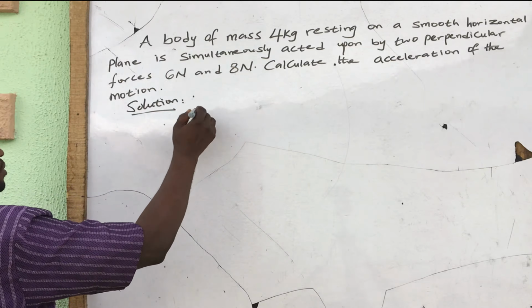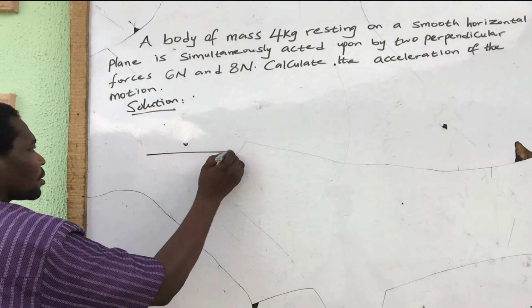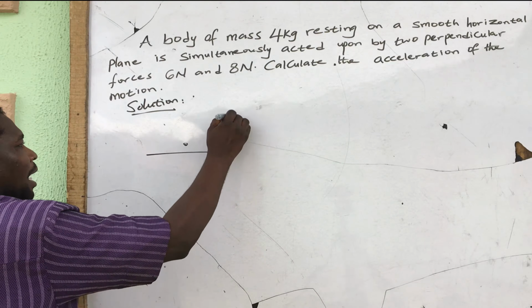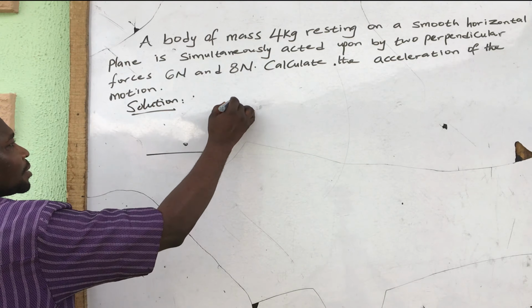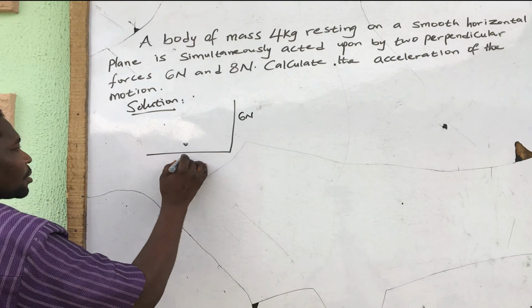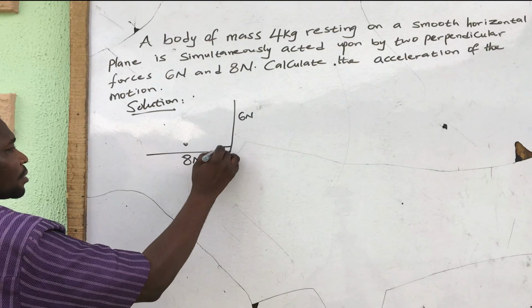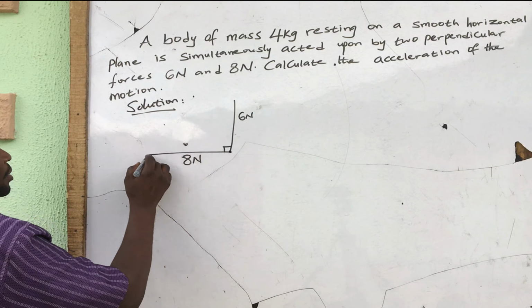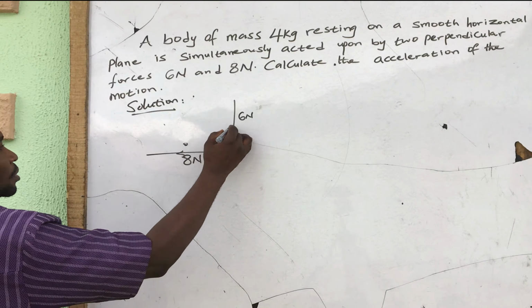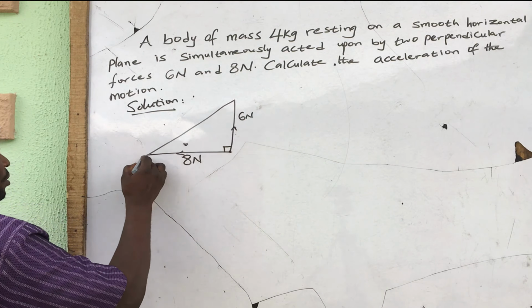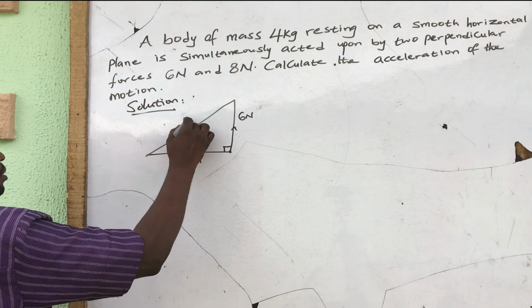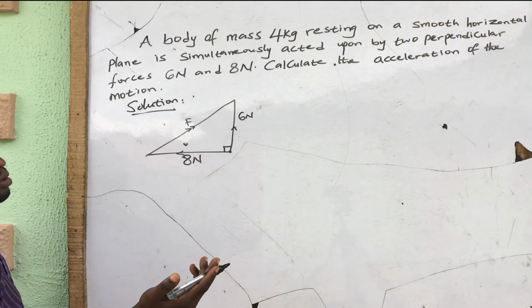The first thing, let's draw this: the object is being acted upon by two perpendicular forces, like this. So this is the resultant force. We need to calculate the resultant force.